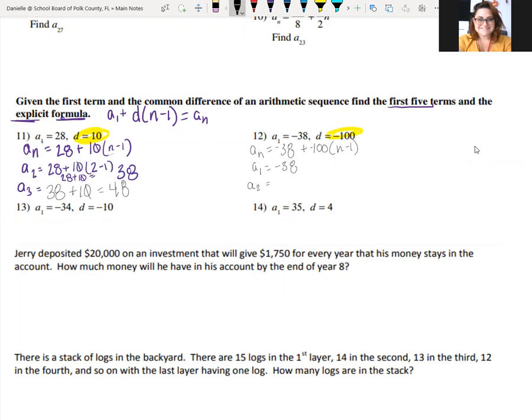So a sub 2 is going to be negative 38 plus negative 100 times 2 minus 1, which gives me negative 38 minus 100, which is negative 138, which means a sub 3 would be negative 138 minus 100. So we'll get negative 238. We can keep going with that process.